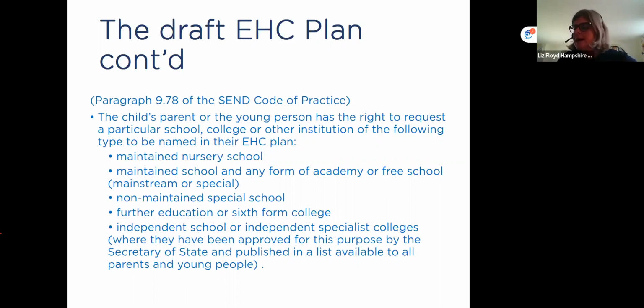If you request an independent school, the onus is on you to prove that that school is the best school for your child and can meet needs, whereas another one couldn't. So you would be expected to provide evidence to show that this school could meet your child's needs.